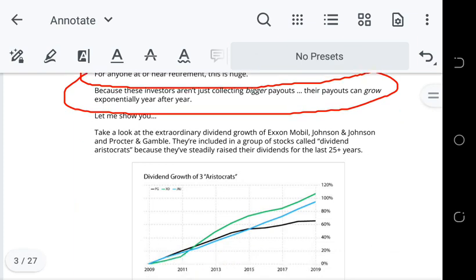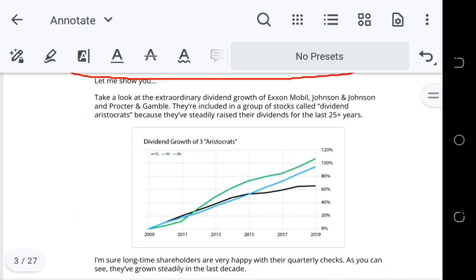Let me show you. Alright? Take a look at the awesome, extraordinary dividend growth of ExxonMobil, Johnson & Johnson, and Procter & Gamble. They're included in a group of stocks called dividend aristocrats because they have steadily raised their dividend for the last 25 years. Dividend growth aristocrats.